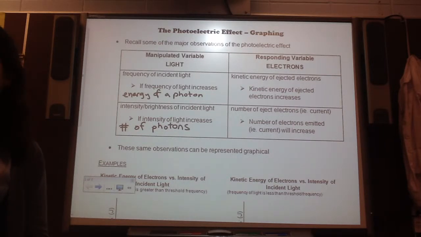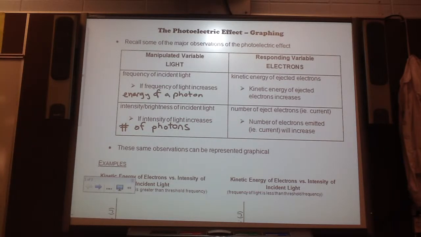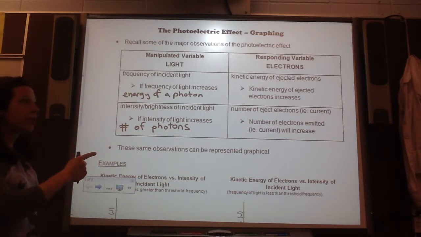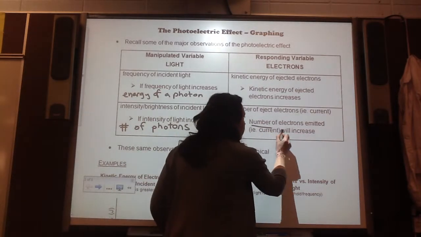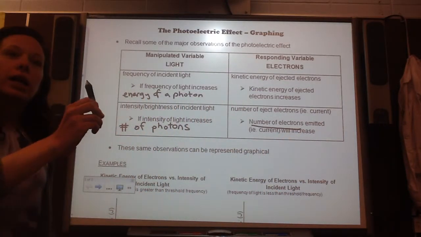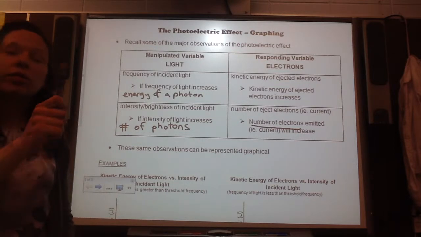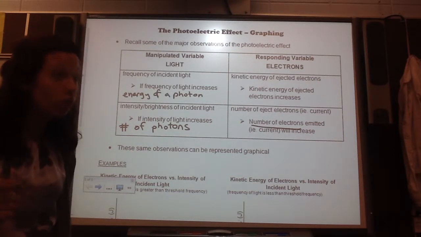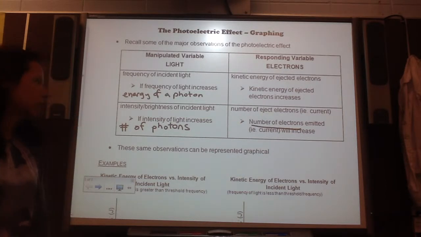The frequency has to be past the threshold. But if it's past the threshold and the intensity of the light increases, that's the number of photons, then the number of electrons emitted will increase. So think about it again as one photon to one electron. If the number of photons increases and it's past threshold frequency, then the number of electrons will increase.